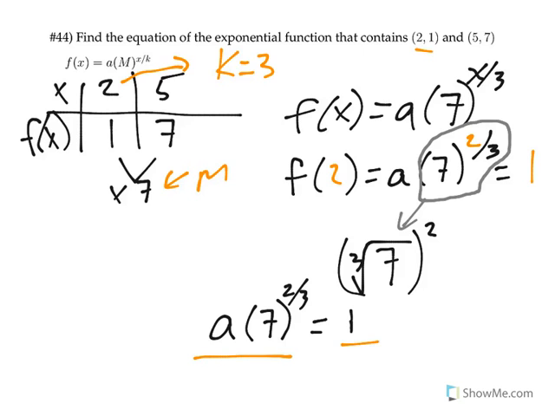So I'm going to divide both sides by 7 to the 2/3.